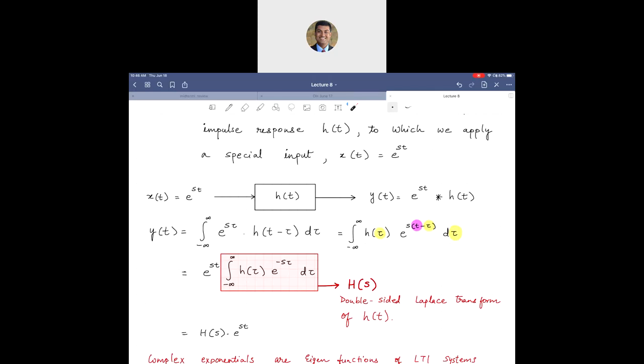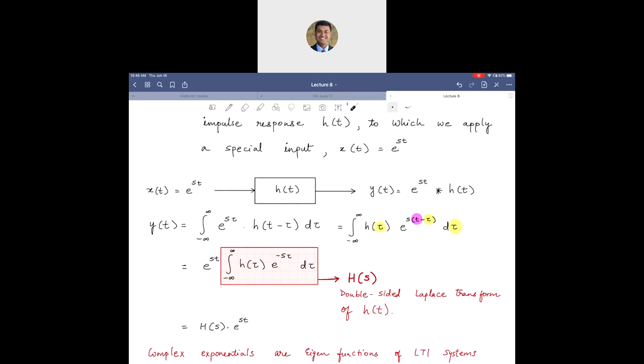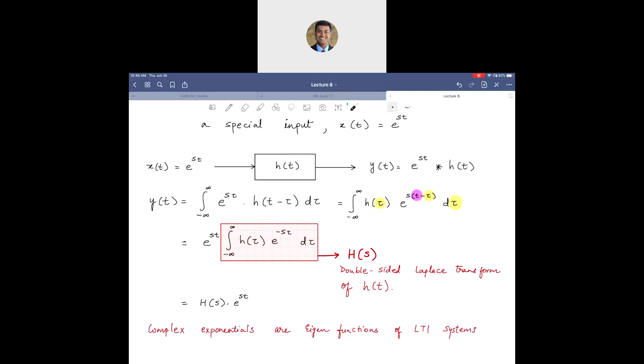So by doing this proof, we have proved that I can write the output of this LTI system as a product of two things. One is H of s, which is essentially my eigenvalue, and the other is e to the st, which is going to be my eigenfunction.